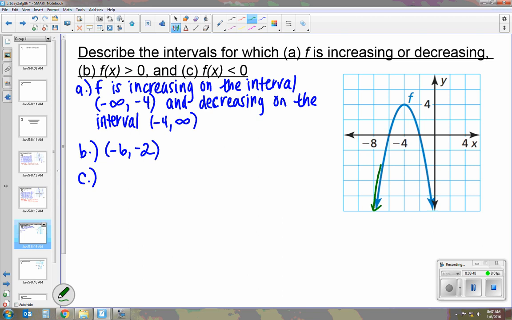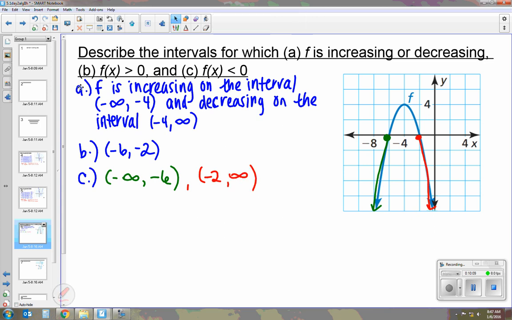So it's going to be from here to here and from here to here. So we have two intervals for this one. The green one is going to be negative infinity, negative 6. And then the red one is going to be negative 2, positive infinity. So that's how you read your graphs and being able to describe the intervals for those.